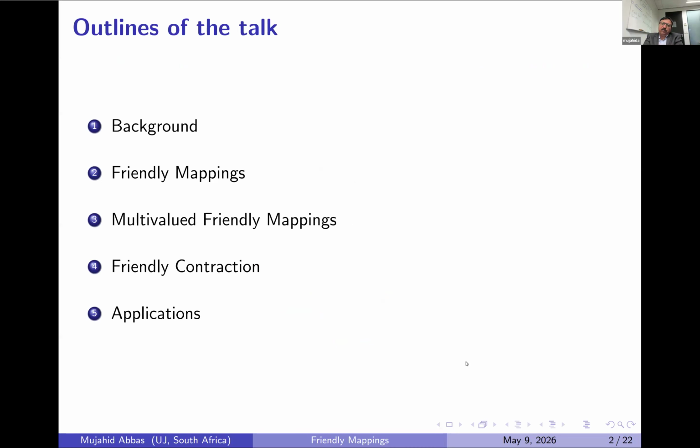That concept was then extended to the concept of multi-valued friendly mapping. And finally, we will discuss friendly contractions, and if time permits, I will go towards the application. Otherwise, I will conclude my lecture at that point.